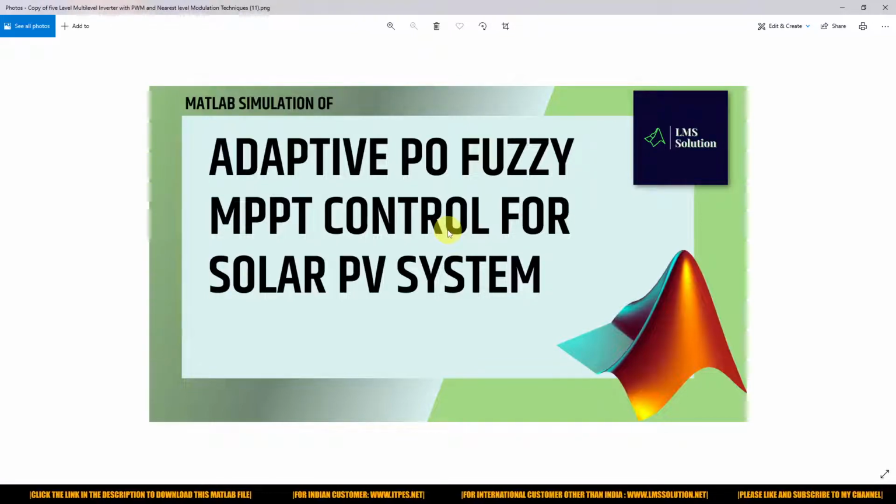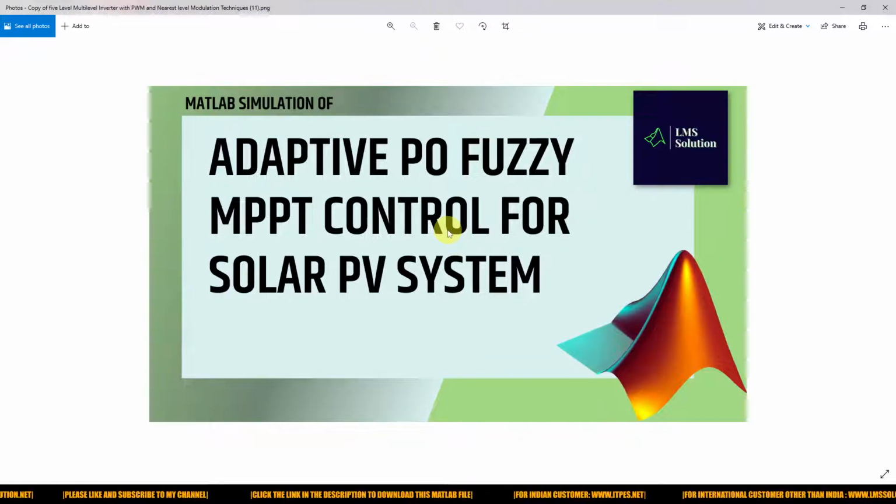So here the fuzzy is going to receive two inputs: one is error and the other is rate of change of error. Error here is considered as change in power divided by change in voltage. That means the slope of the PV curve of the solar PV system or solar PV model.